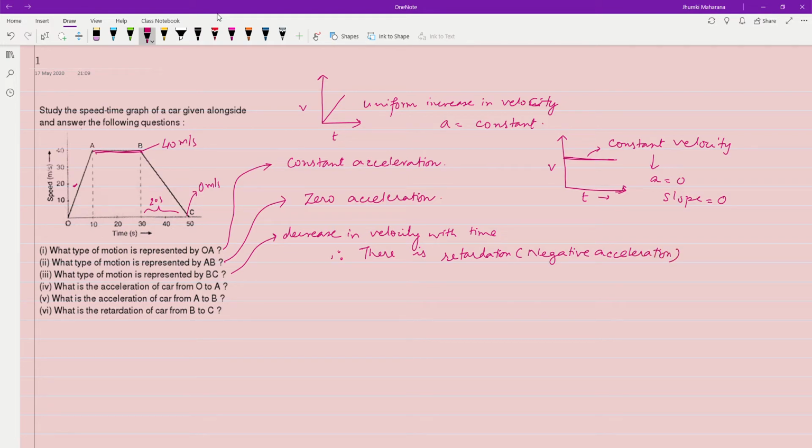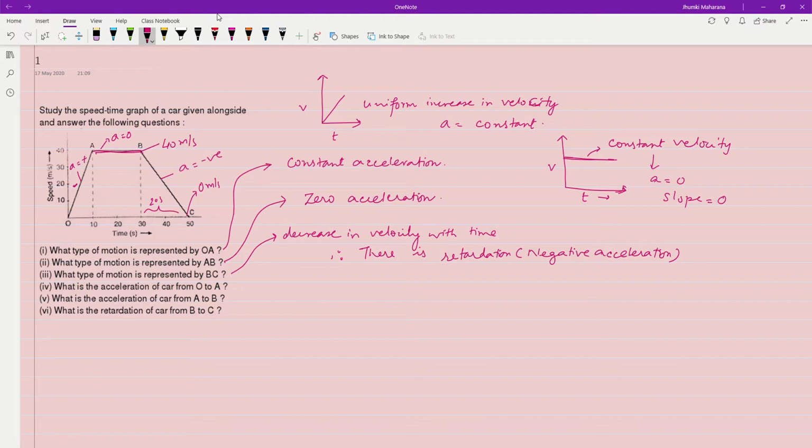Okay, so in this part a is negative, in this part a is 0, and in this part a is positive. So in this graph we have got 3 different parts where acceleration is positive, acceleration is 0, acceleration is negative.